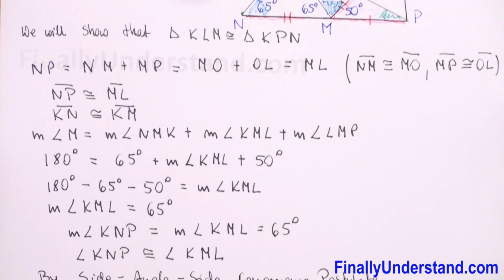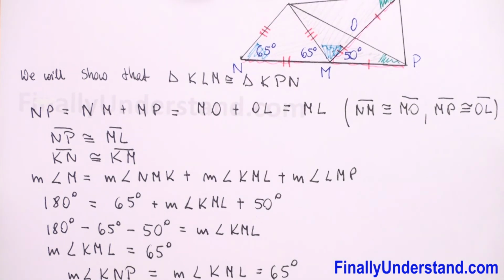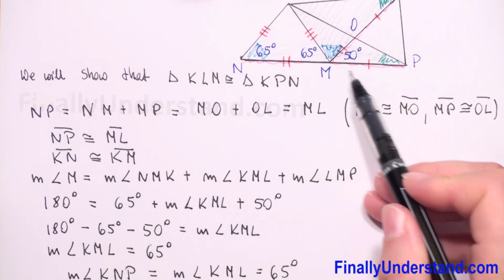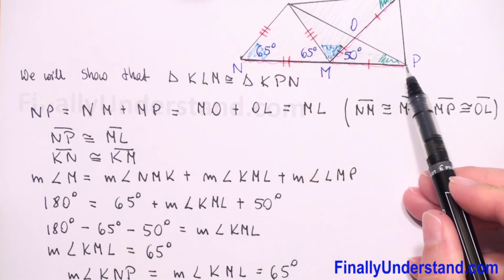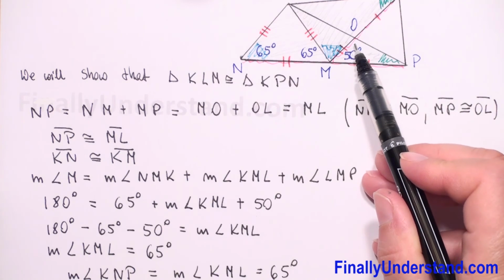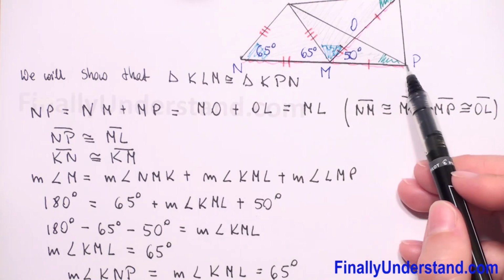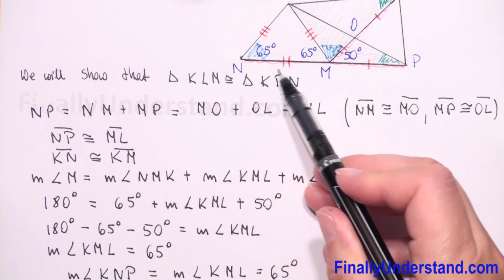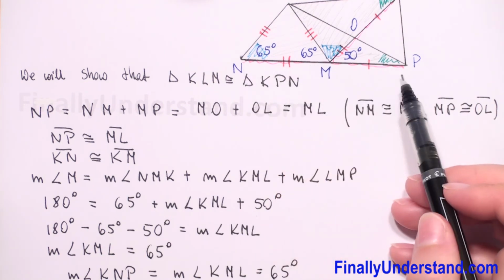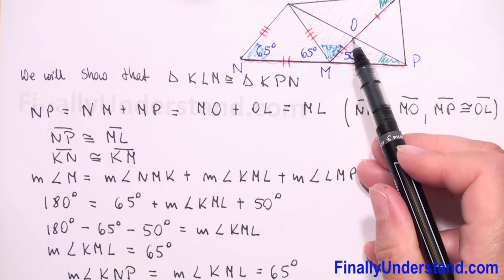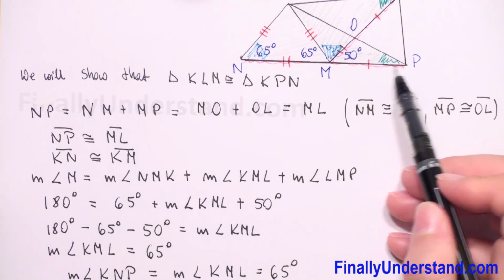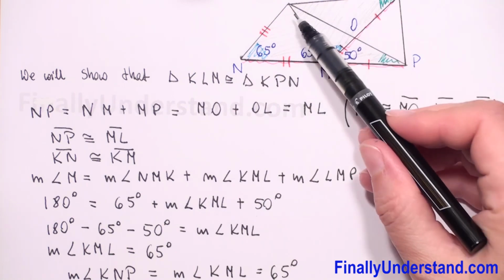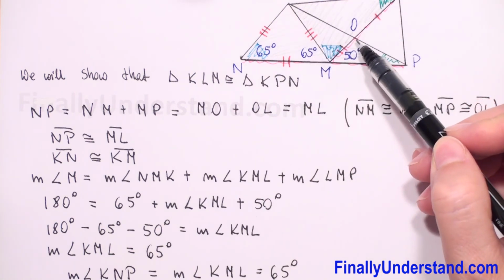And because point O is on this segment, and M is on this side NP, so we can write that angle OPM is congruent to angle KLO.